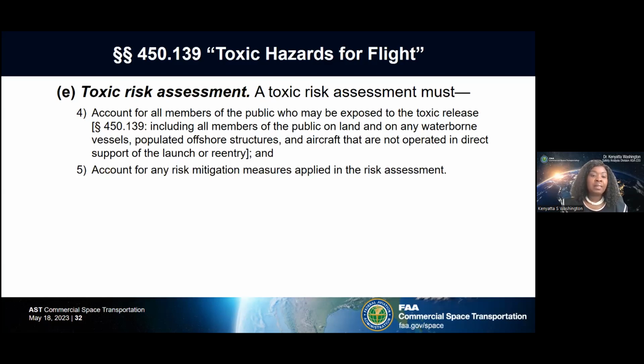Again, the public that we're protecting includes the public on land, any waterborne vessel, populated offshore structures, or aircraft that are not directly involved in the licensed launch or reentry operation. And finally, the toxic risk assessment should account for any risk mitigation measures applied in the risk assessment, such as risk characterization or mitigations, or even the evacuation plans.